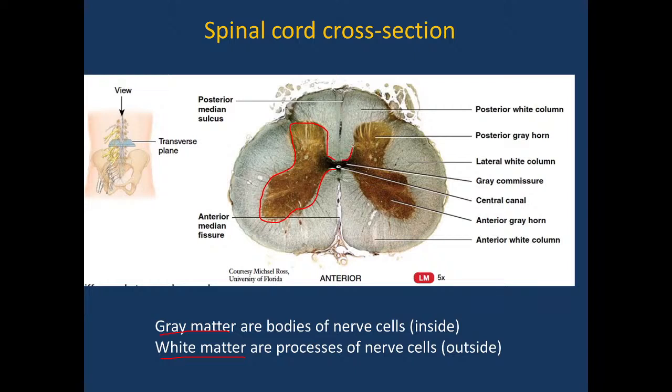It has two symmetric parts, and they combine with each other in the part we call the gray commissure.